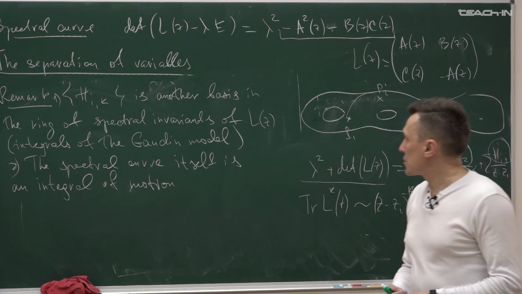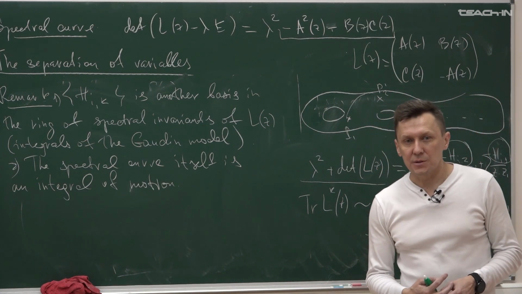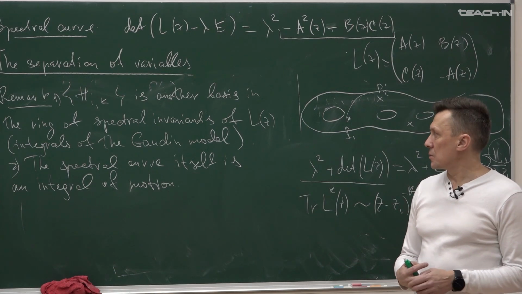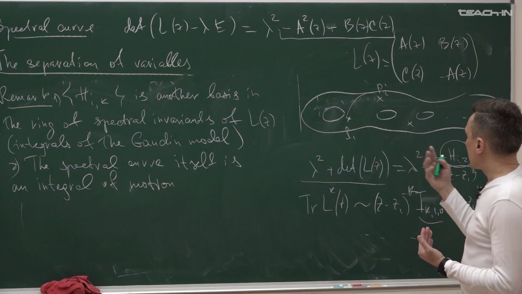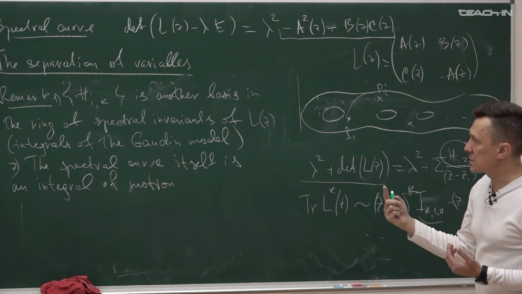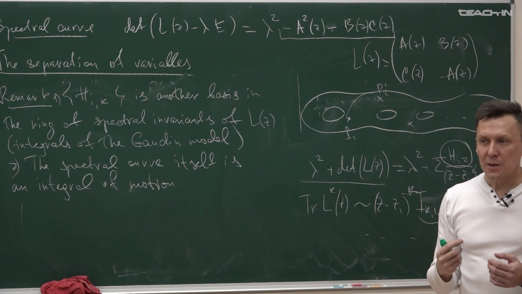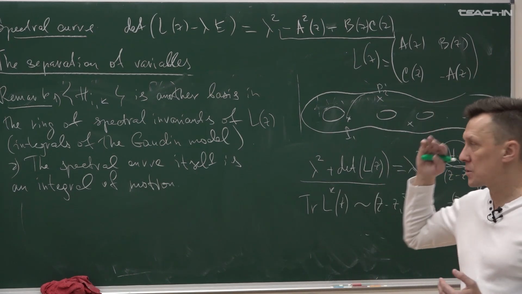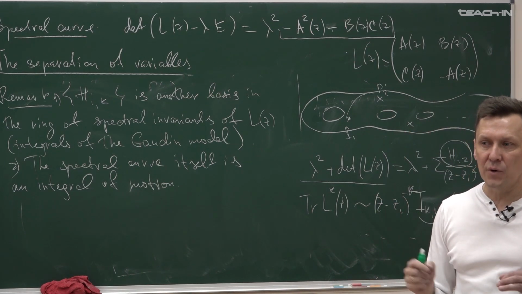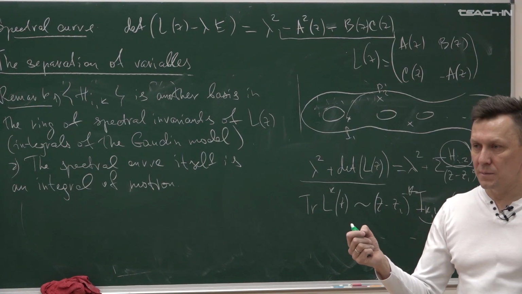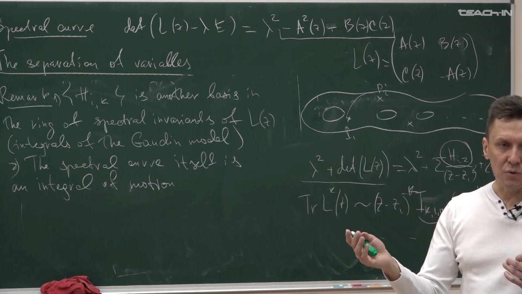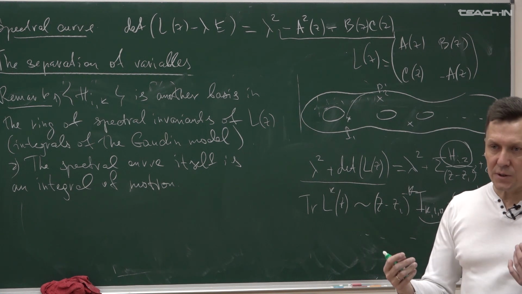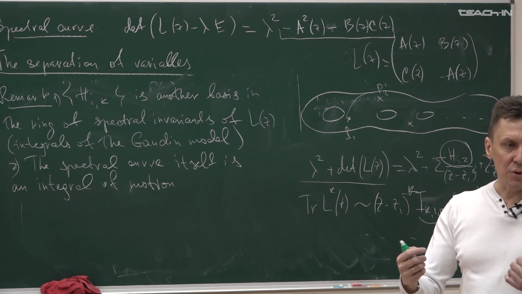And we are very close to the concept of separation of variables. So I would like to demonstrate the following statement, that the problem of solving this Hamiltonian system separates into different points. So they evolve independently. Each point evolves independently along the Hamiltonian flows. So to solve the system, we have to solve the two-dimensional problem.